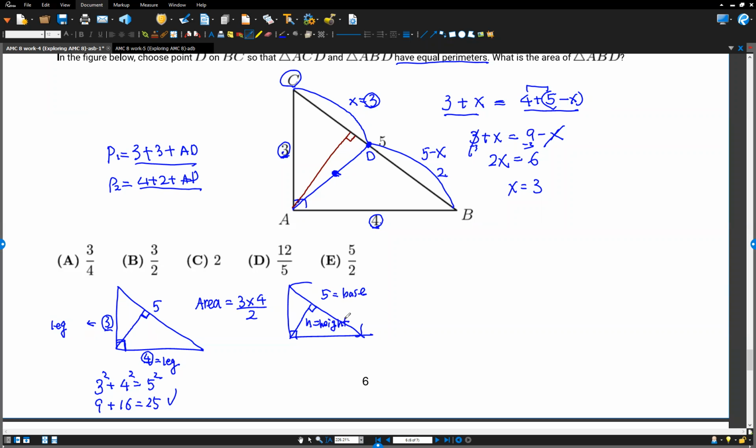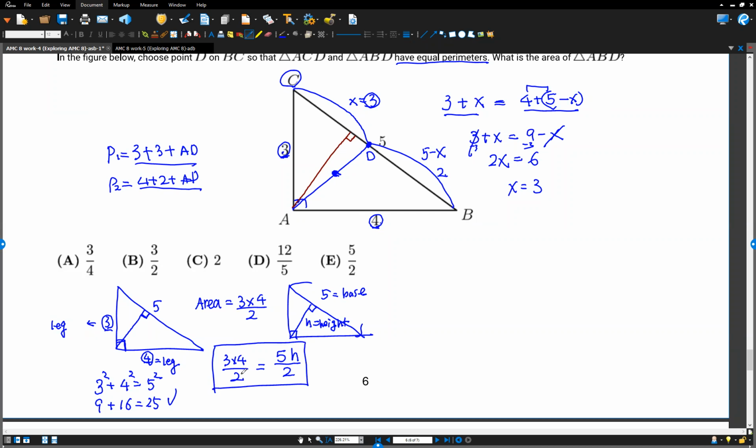What's the area of a triangle? Base times height divided by 2. That's the area of the same triangle. Their areas must be equal, right? So 3 times 4 over 2 and 5h over 2 are the same.